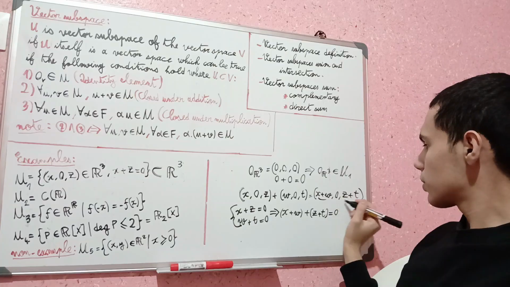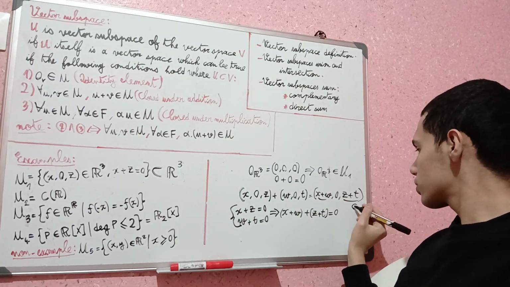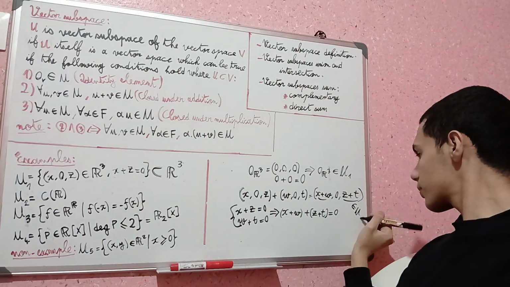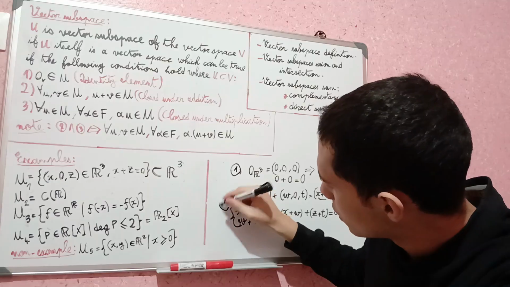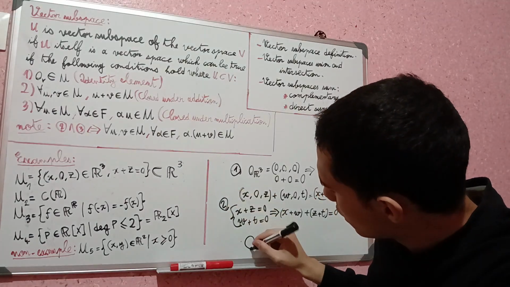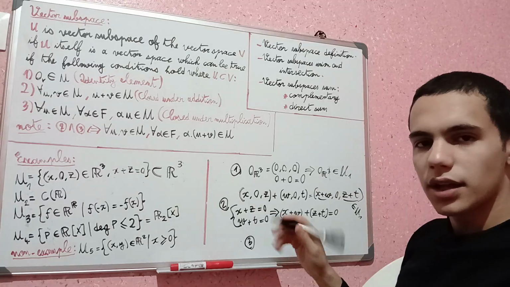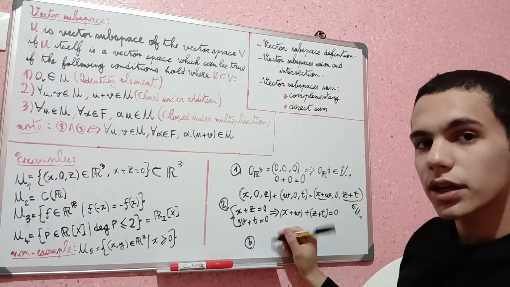Therefore this belongs to u1, so it's closed under addition. Now we need to prove it's closed under multiplication.